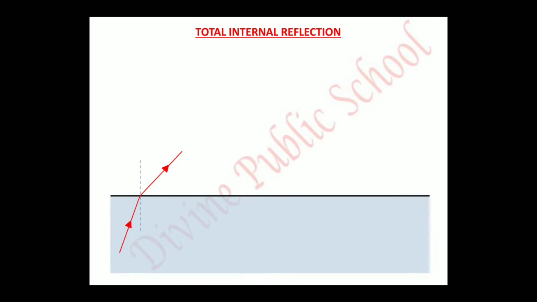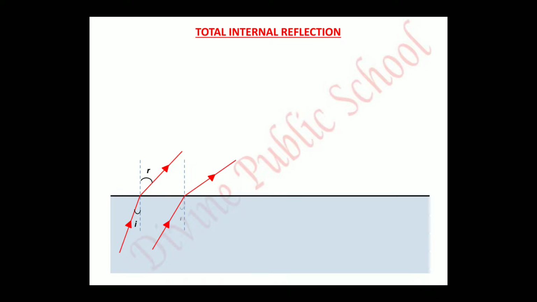Let us draw the angle of incidence and angle of refraction. Now what happens if we increase the angle of incidence? Let us make another ray which is at a greater angle of incidence. Now we have a greater value of angle of refraction also.